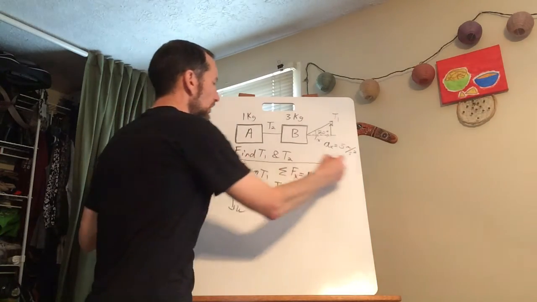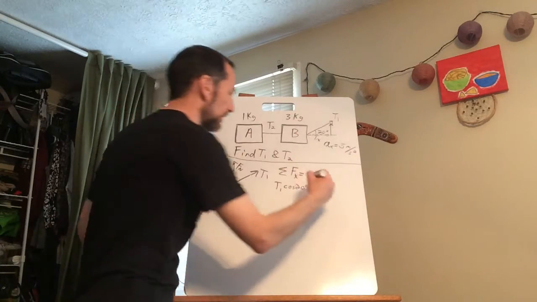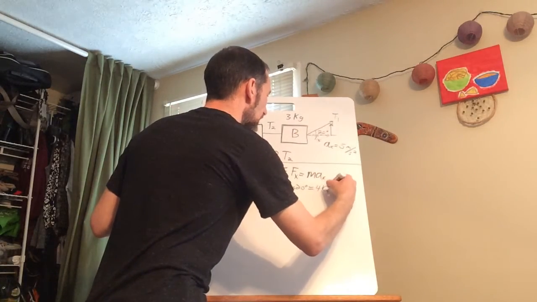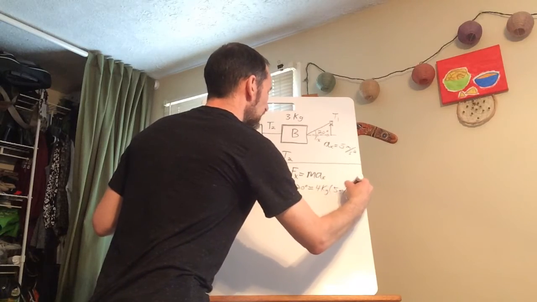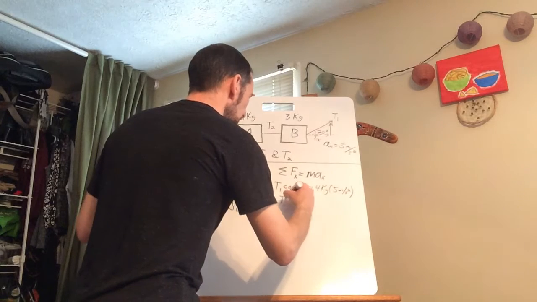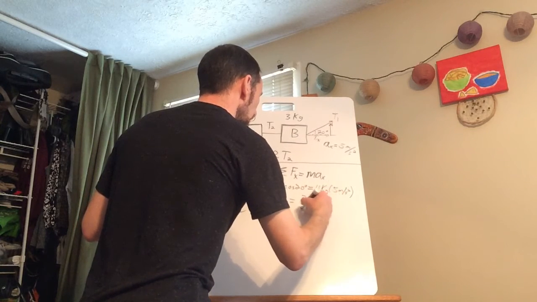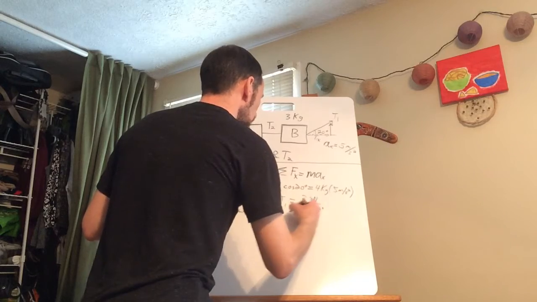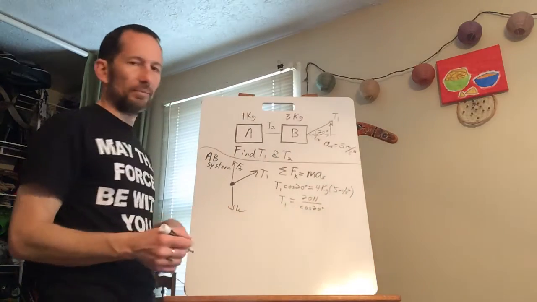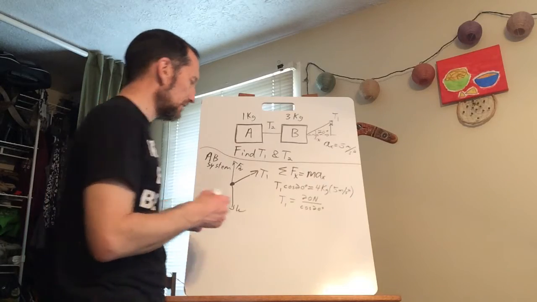Well, right now we're analyzing the system, so we use the mass of the system, which is 4 kilograms times 5 meters per second squared. And so this is T1 equals 20 newtons divided by cosine 20 degrees. And I don't have a calculator right with me, but you can find out what that is.